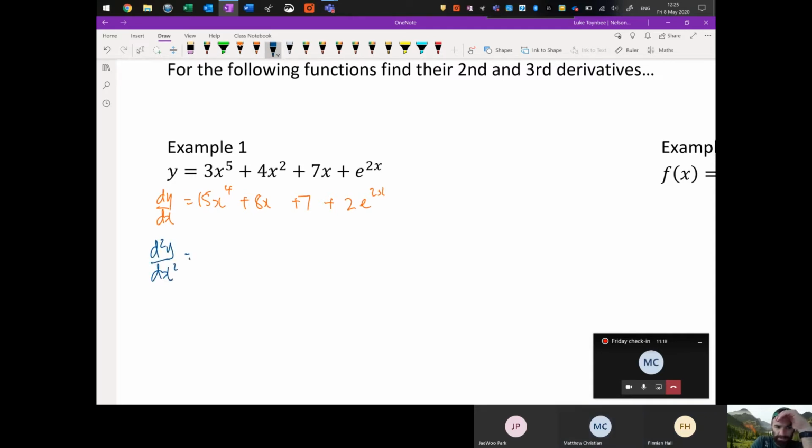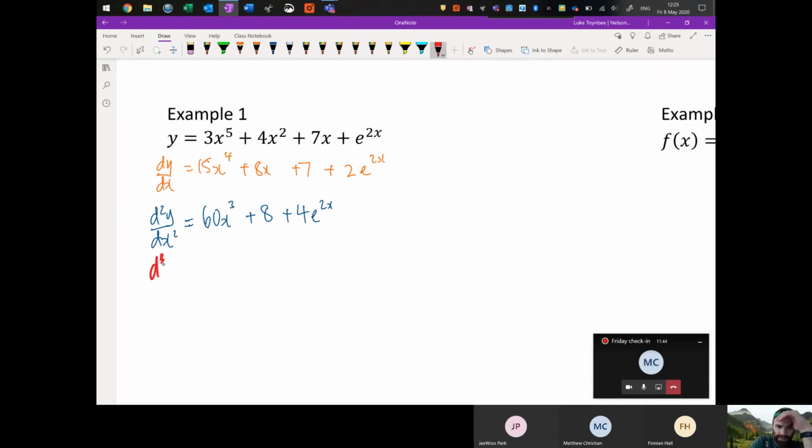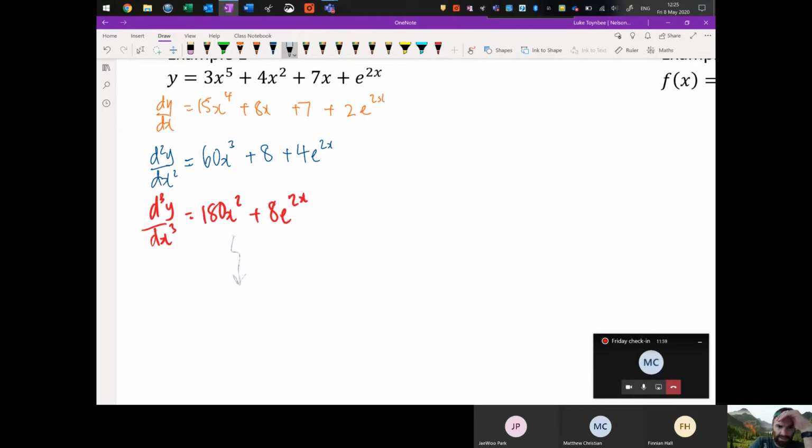I get 60x cubed plus 8 plus 4e to the 2x. Happy with that? And if I differentiate a third time, I'm just going to get 180x squared plus 8e to the 2x. I can carry on going if I needed to, if you could imagine that.